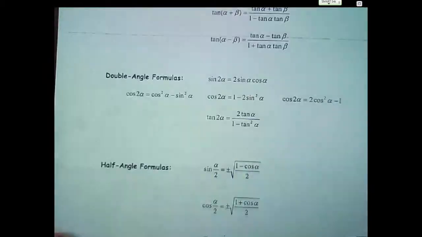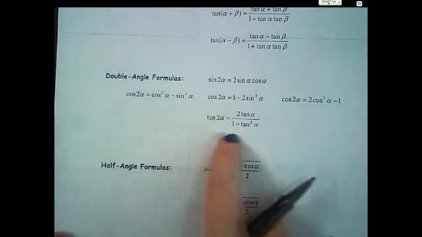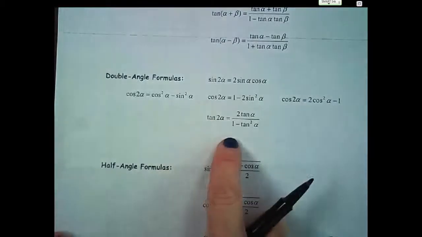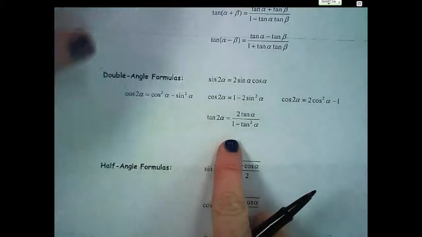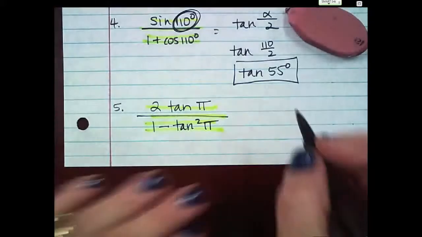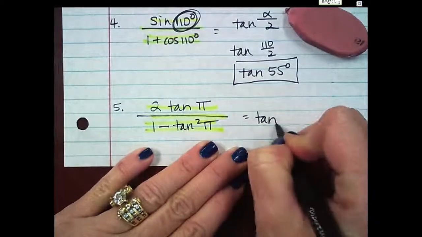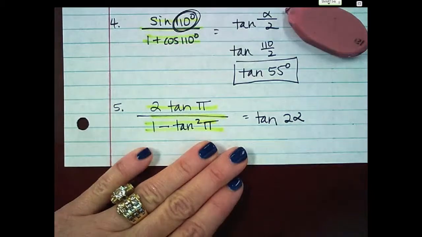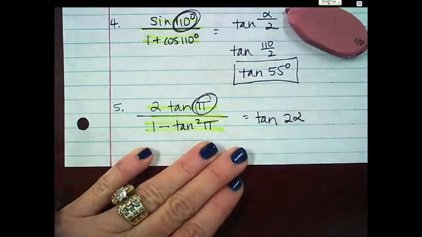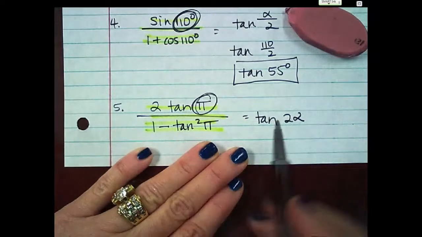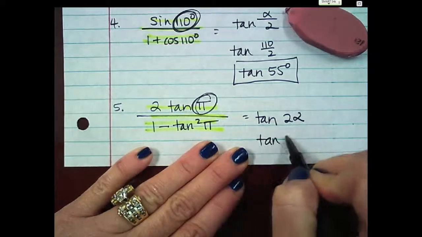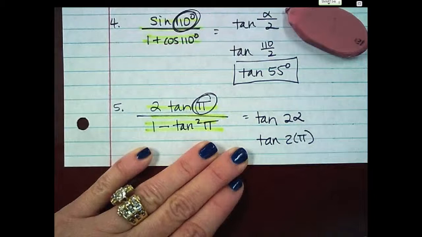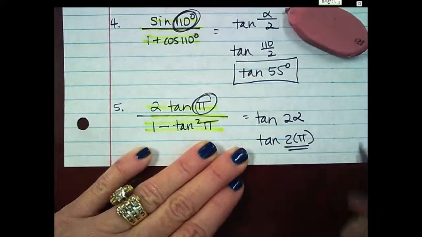If I look at them, I think it's this one right here: 2 tangent over 1 minus tangent squared, which is the same thing as tangent of 2 alpha. In all the others, alpha has been in degrees, but this time alpha is in radians. But it doesn't mean you work the problem any differently. It just means I want tangent of 2 times pi. Well, 2 times pi means 2 pi.